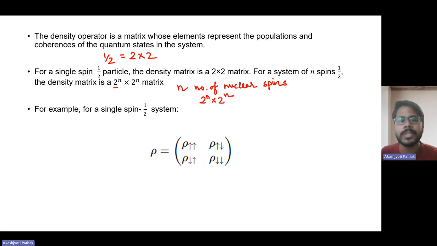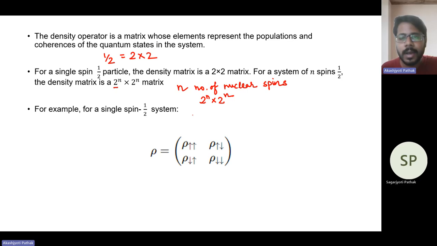For example, if there are two spin half nuclei, then each nuclei can exist in the alpha state and the beta state.